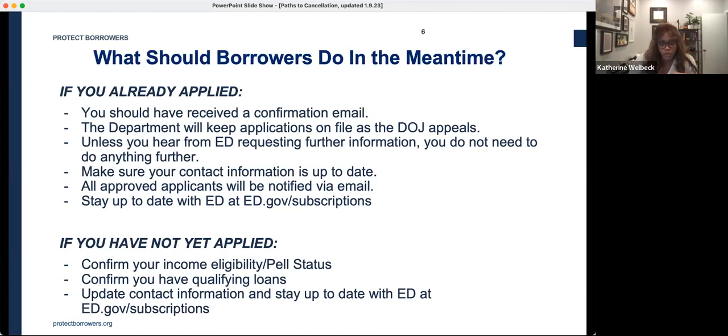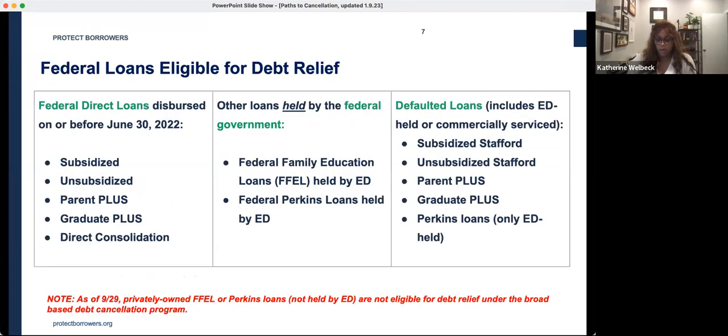One thing you can also do is make sure that you have qualifying loans and find out if you've ever received a Pell Grant to pay for your education, which would determine if you're eligible for $10,000 or $20,000 once this is resolved.